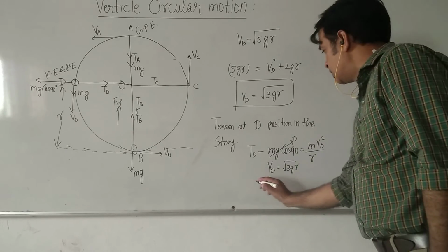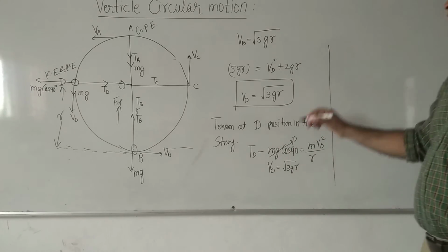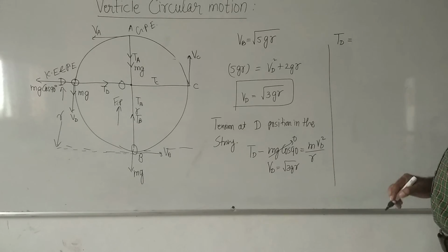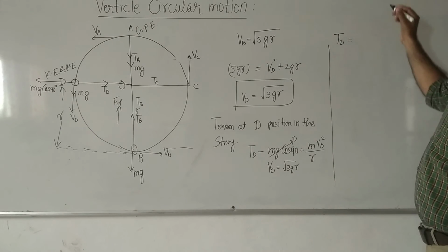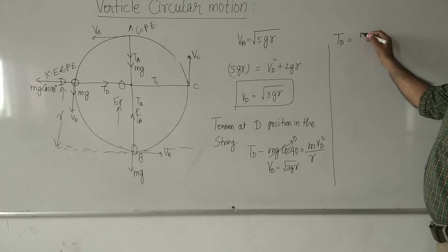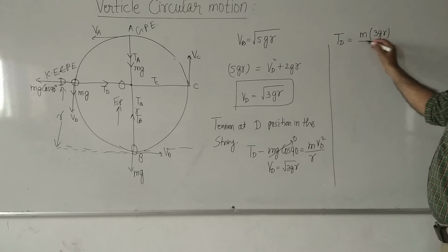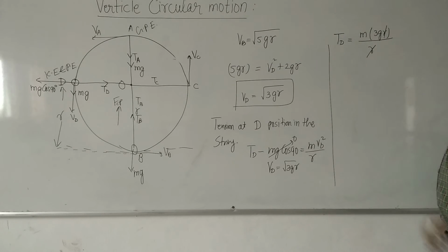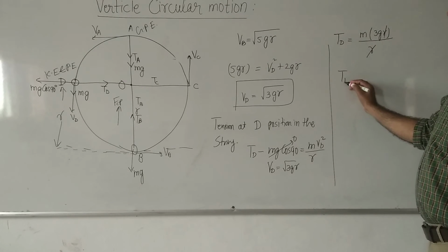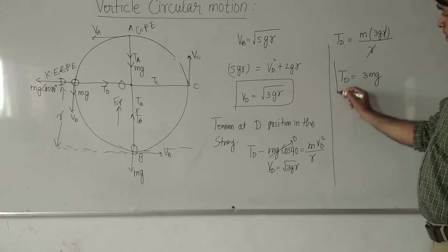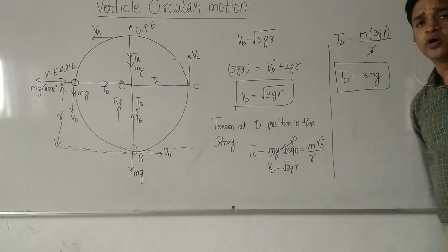So tension at this position equals m 3gr upon r, r cancels out. So tension at this point TD equals 3 mg. Note down.